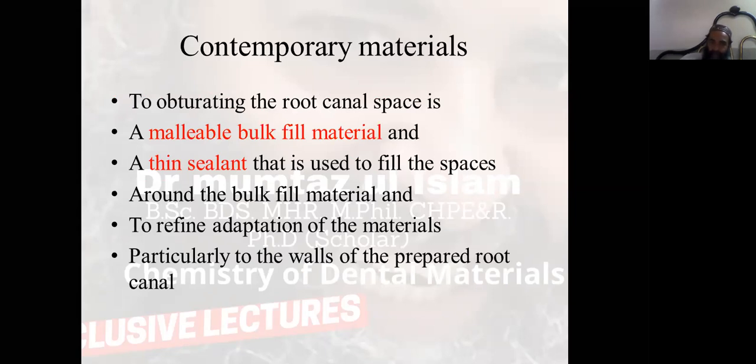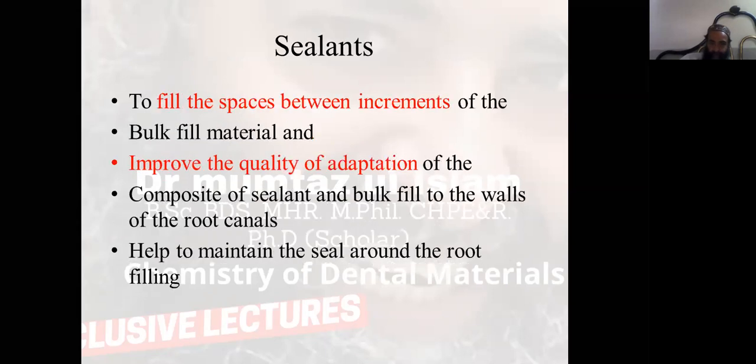Obturation: the contemporary material for obturation of the root canal space is a malleable bulk fill material and a thin sealant, which is used to fill the spaces around the bulk fill material and to refine adaptation of the materials, particularly to the walls of the prepared root canals.